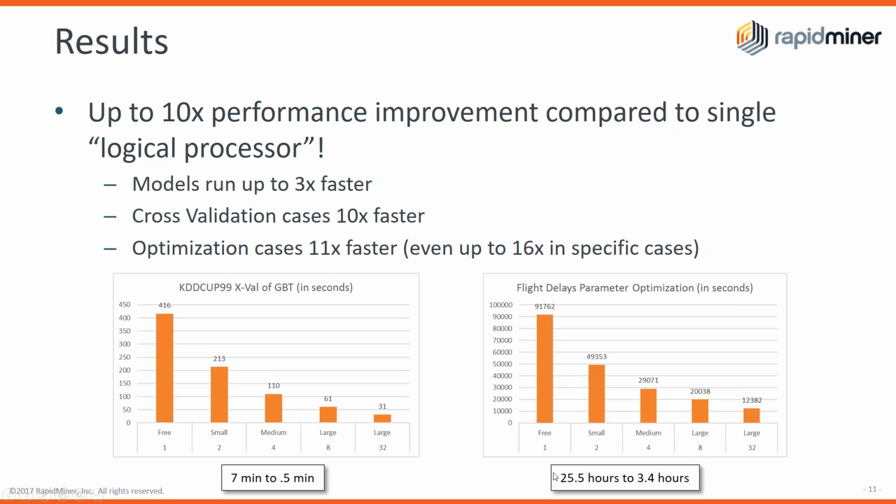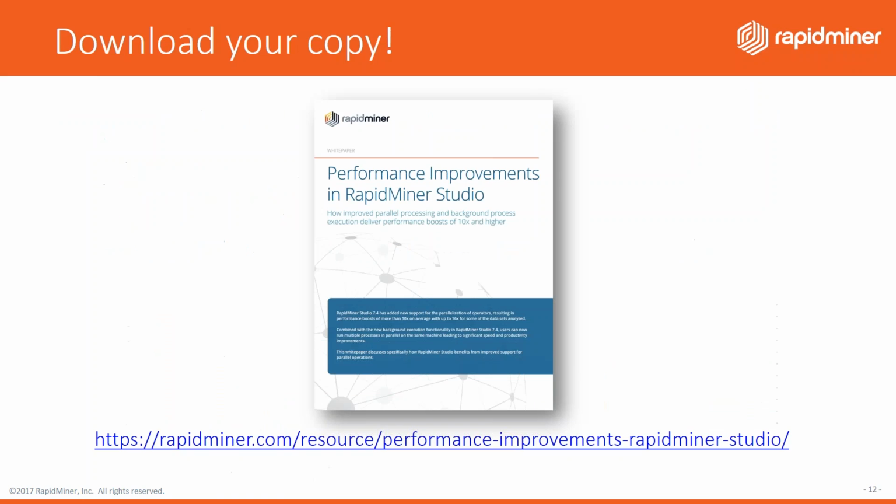Some long running processes go from 25 hours to just a bit more than 3 hours, and it's a steady improvement. So it is clearly an advantage for users to use these kinds of operators and this parallelization, right?